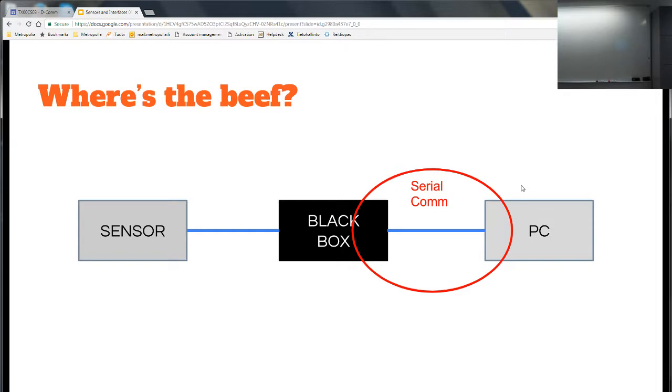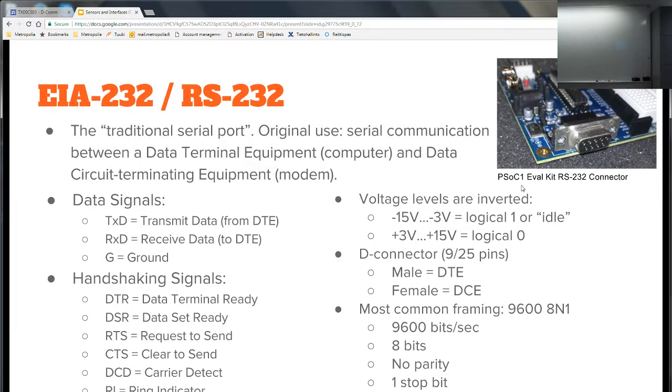Okay, a few words about the serial communication between that black box and PC. While the previous one was in general the asynchronous transmission, there's a UART, but that RS-232 line is that 9-pin port on PSOC. By the way, that's female, so it's actually DCE device pin out.